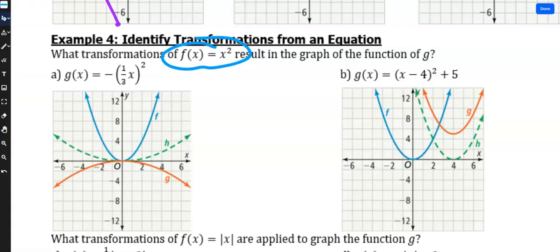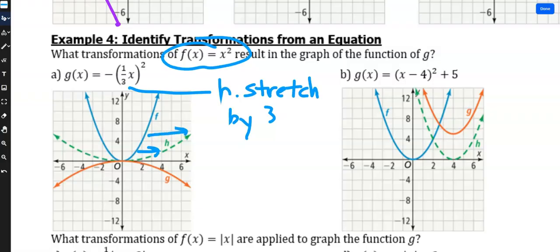The first thing they did, you can see on the inside, was a horizontal stretch by 3. So took all these values and stretched them way out like this.